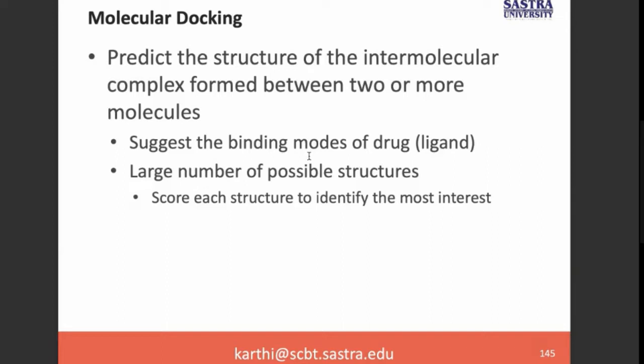The docking algorithm will tell which orientation is the best possible one to fit the ligand inside the binding site. Since there are different ways to fit the ligand inside the binding site, there should be a scoring function to score which orientation is the best, having good energetics. We will see the scoring function later, right?